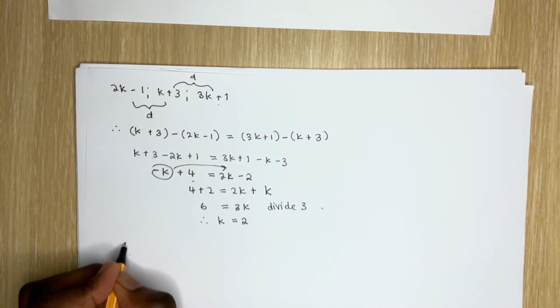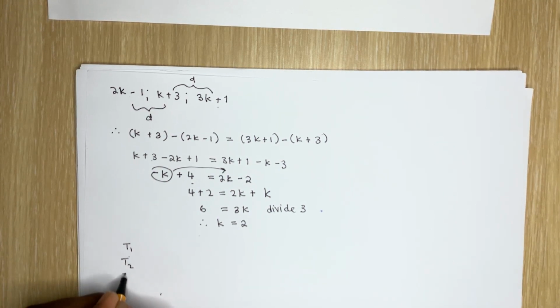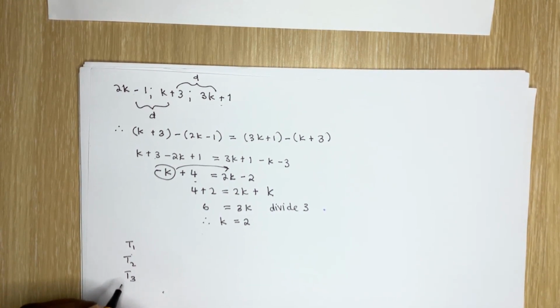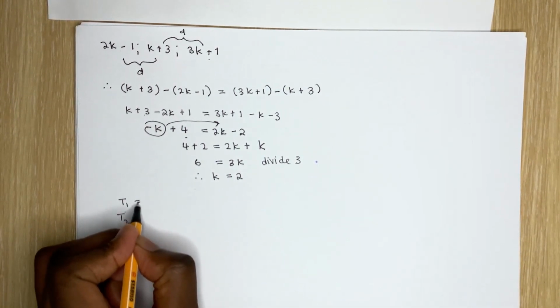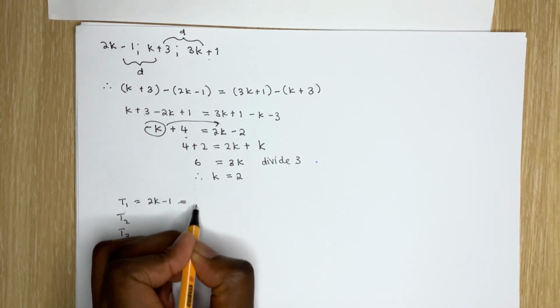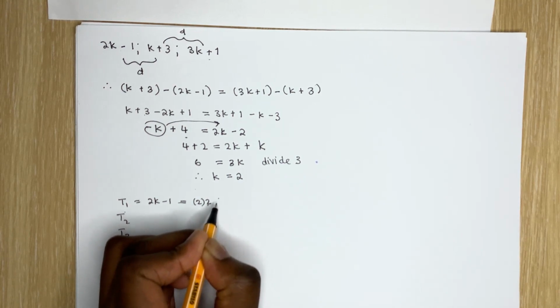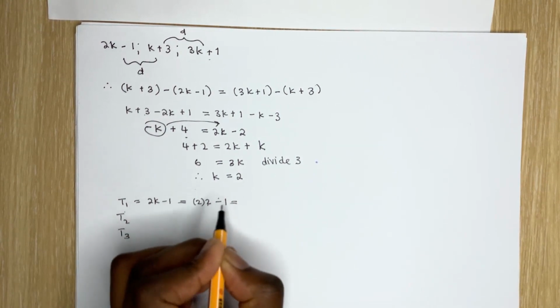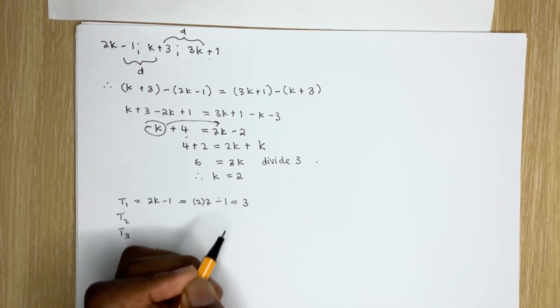Okay, so for t1, t2, and t3, we're going to say 2k minus 1, that is 2 times 2 minus 1, which is equals to 4 minus 1 equals to 3.